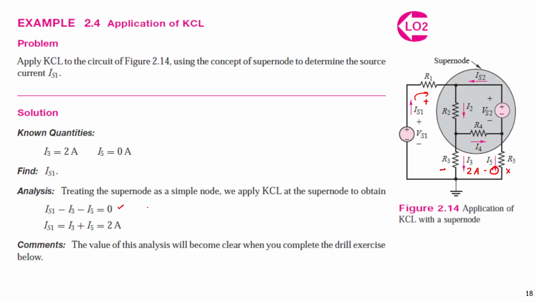So IS1 minus I3, so minus 2, and minus I5, minus 0, equals 0. So IS1 is 2 amps here. So we can solve for IS1, right?